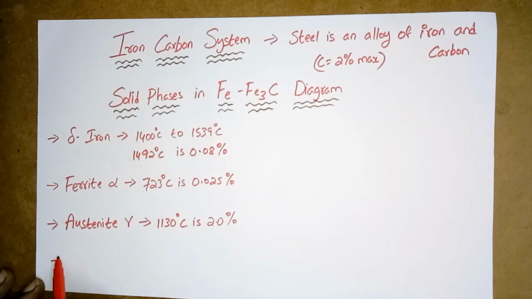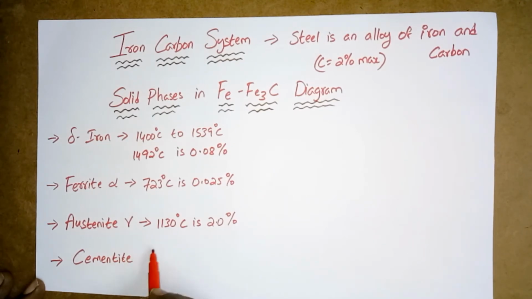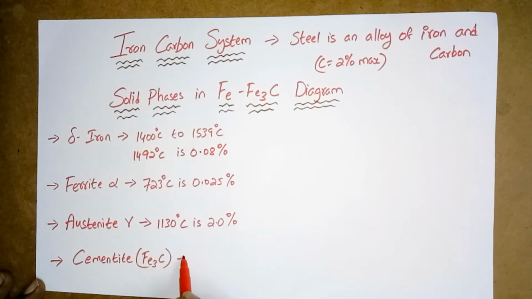Next, we will move to cementite. It is an intermetallic compound of iron and carbon, called cementite or iron carbide. It has an orthorhombic structure and is magnetic up to 210 degrees centigrade.